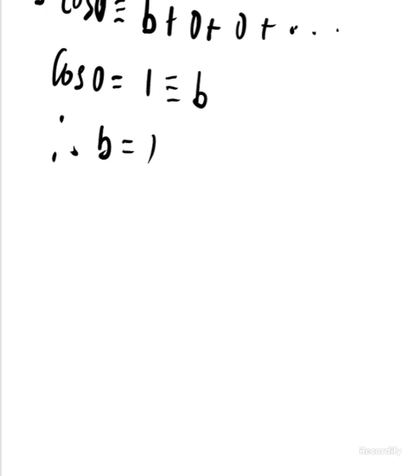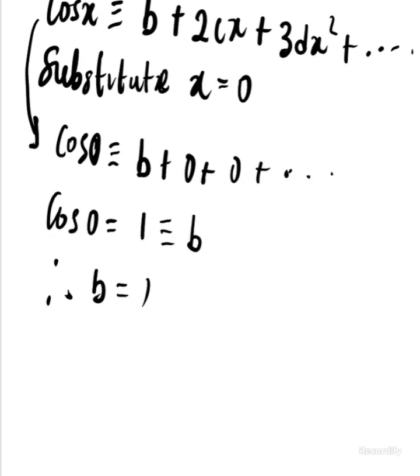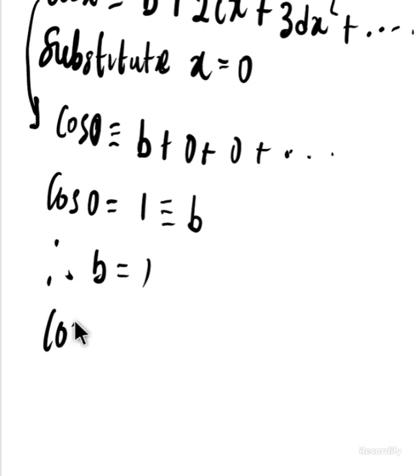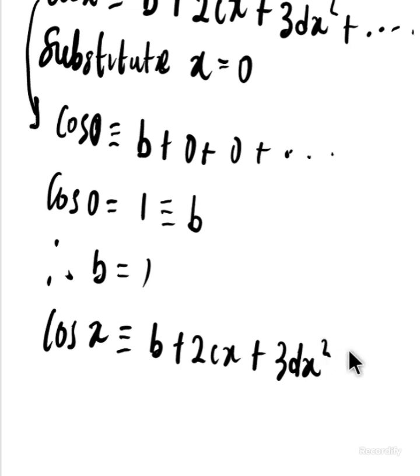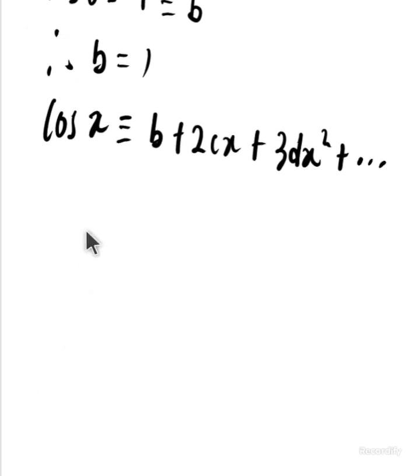Now let's look for c. Don't forget that after differentiating we have cos x equals b plus 2cx plus 3dx to the power of 2 plus dot dot dot. In order to find what c is, you're going to differentiate again. If you differentiate cos x, you're going to have minus sine x, equivalent to, you differentiate b with respect to x, that's 0.